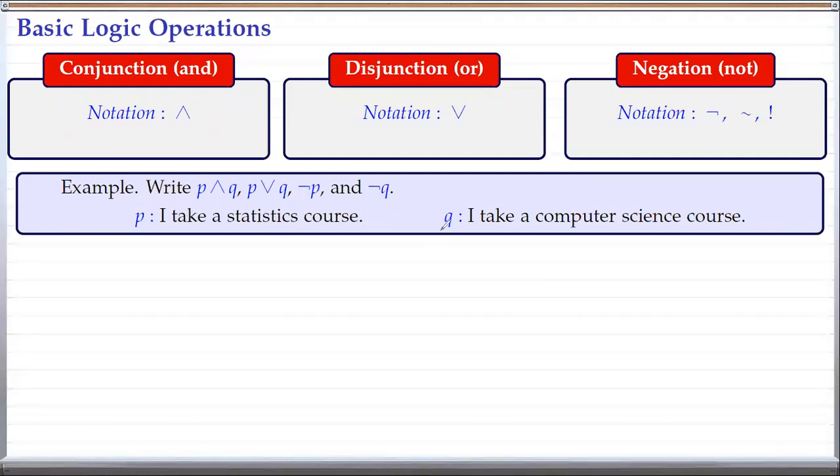We are given P and Q as these two statements. P is the statement, I take a statistics course, and Q is the statement, I take a computer science course.